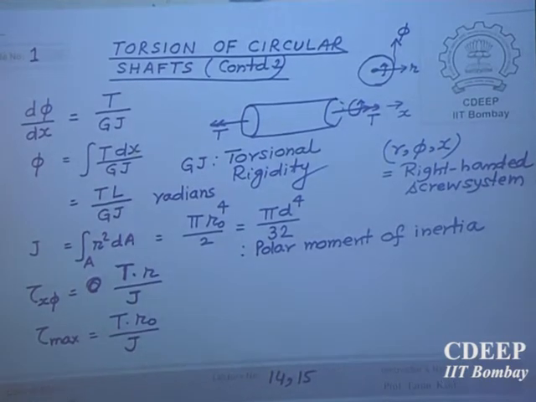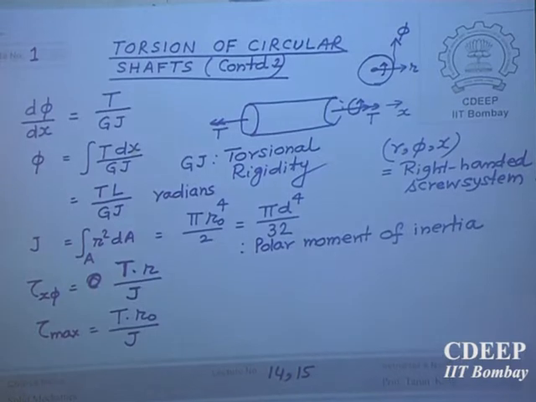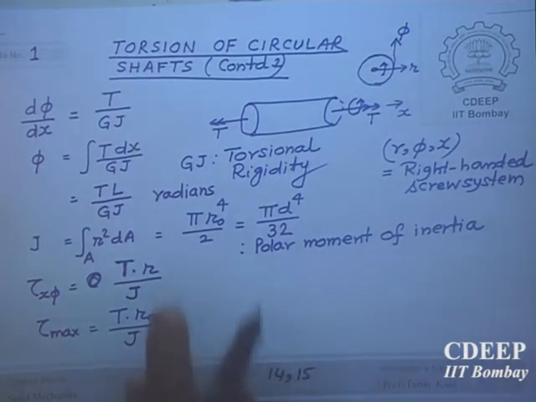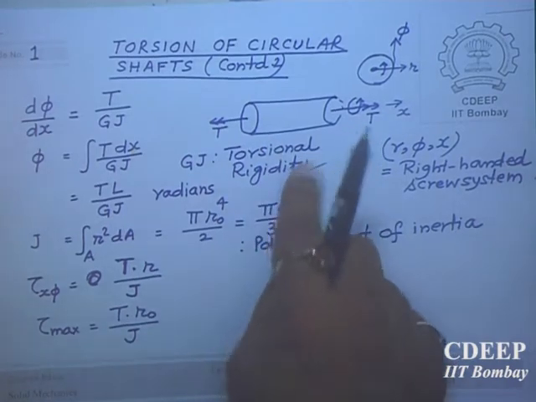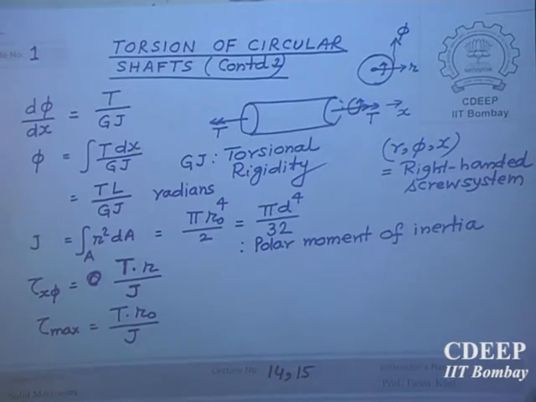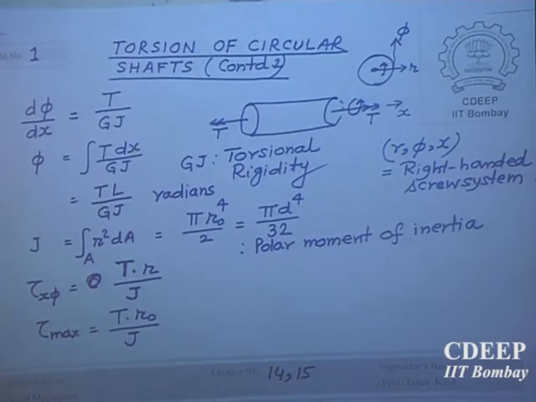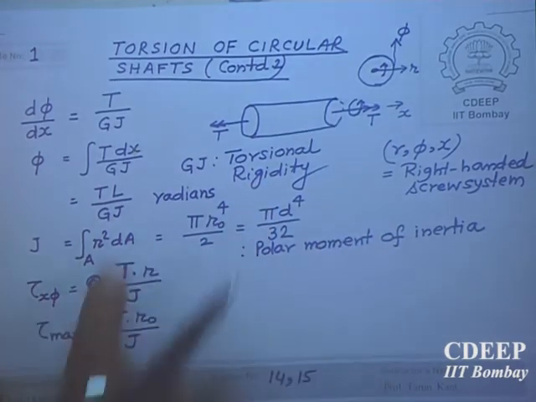Axial stiffness. AE is the axial stiffness of the member. So here GJ is called torsional rigidity. How rigid against torsion this circular shaft is, that is called torsional rigidity. GJ is called torsional rigidity.